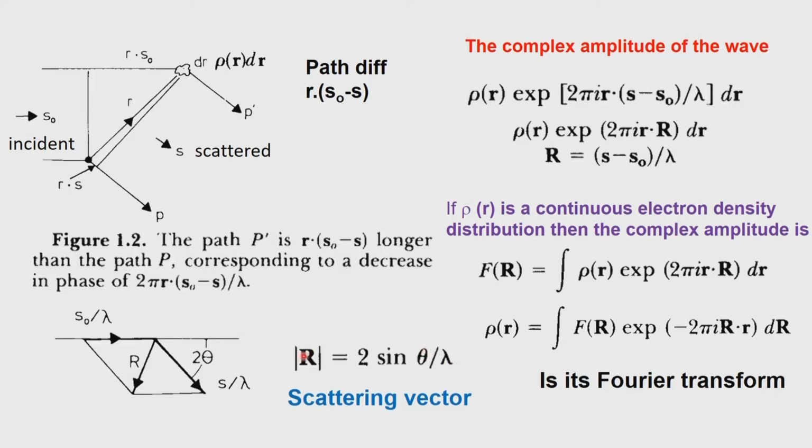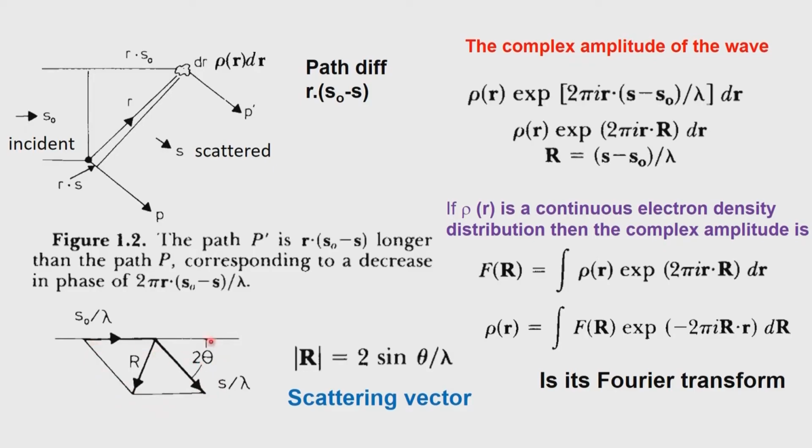That means the scattering direction in which it goes is not really indicated in this expression, which is only giving us the modulus, 2 sin theta by lambda. The direction in which it goes follows the bisector of S naught by lambda and S by lambda. So, depending upon different values of 2 theta, this vector S by lambda can go anywhere between this to that. This can go from 0 to nearly 180 degrees.